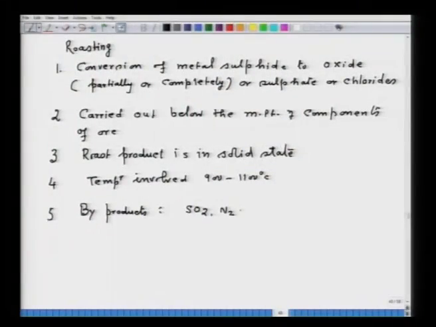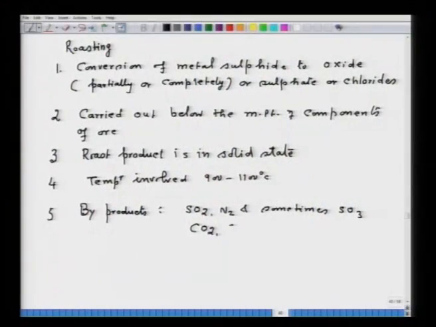So, a large amount of SO2 will be produced, along with nitrogen and sometimes SO3. All these sulphurous gases, SO2 or SO3, can be used to manufacture H2SO4, and if fuel is also used, then you may have carbon dioxide, and CO is also possible here.